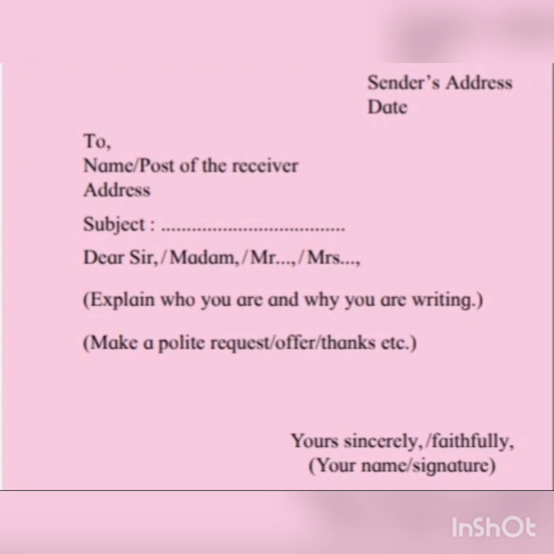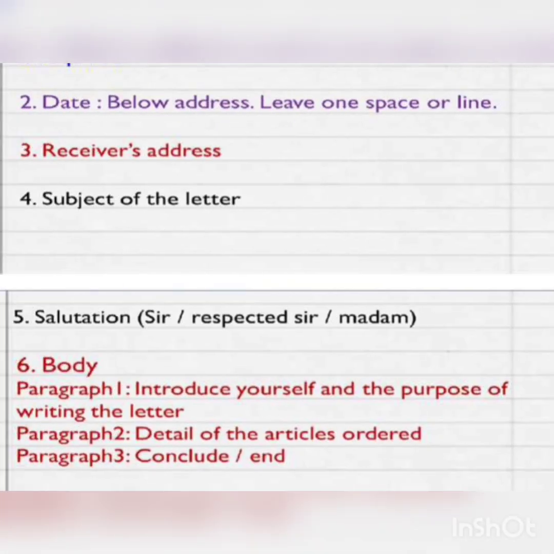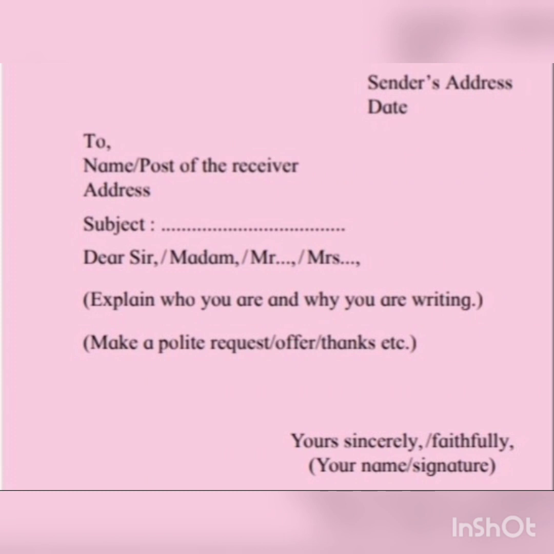Okay, now we have seen the format of the formal letter. Can you see how you have to write the formal letter? On the right hand side, your address and the date, and next on the left hand side near the margin, we have to write the receiver's address and the receiver's name. After writing that, you have to write the subject.